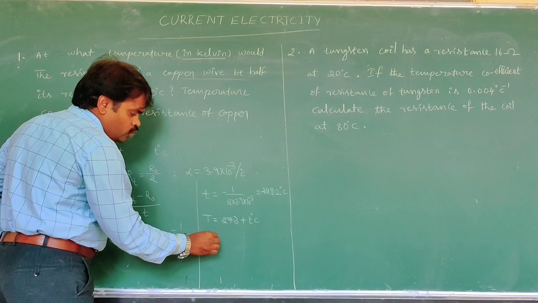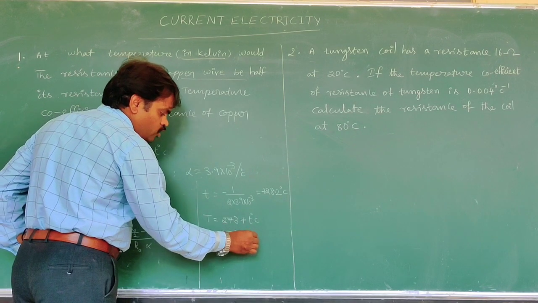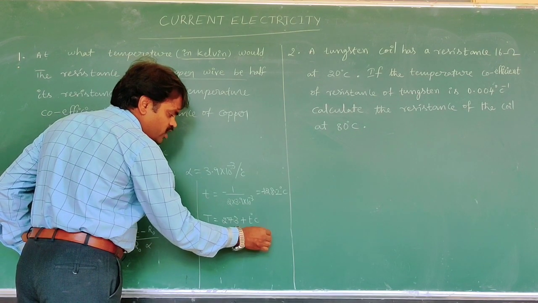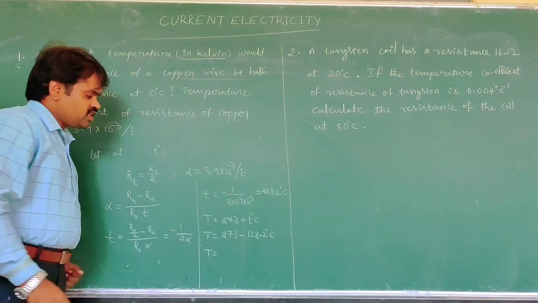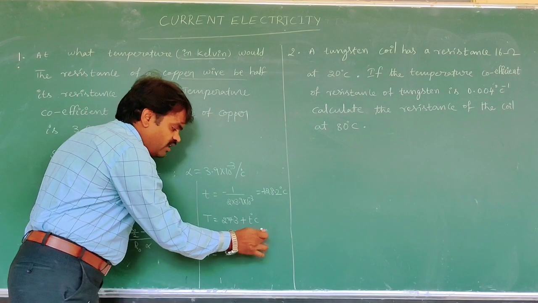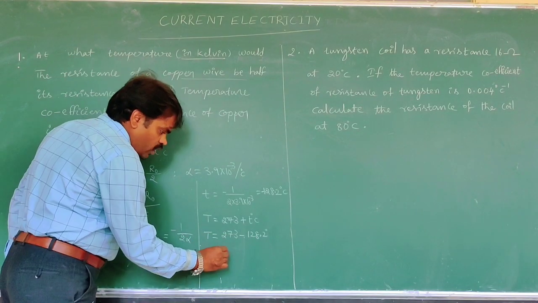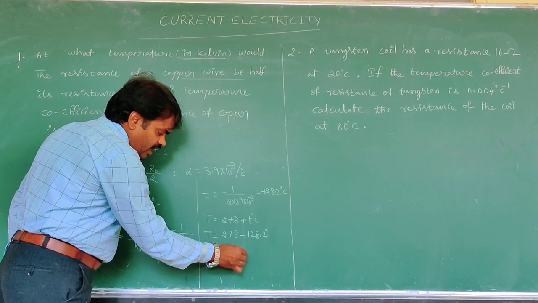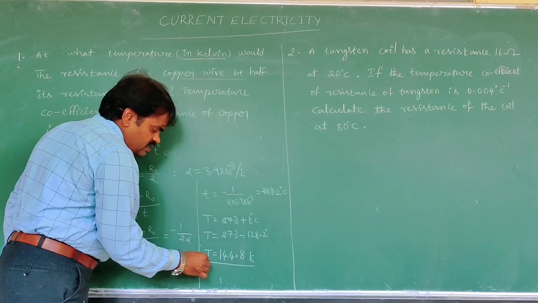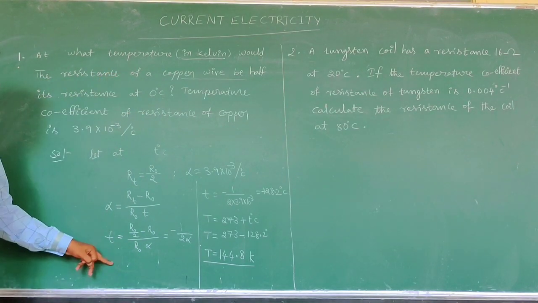So T is equal to 273 minus 128.2. In terms of Kelvin, that is 144.8 Kelvin. This is the temperature in Kelvin.